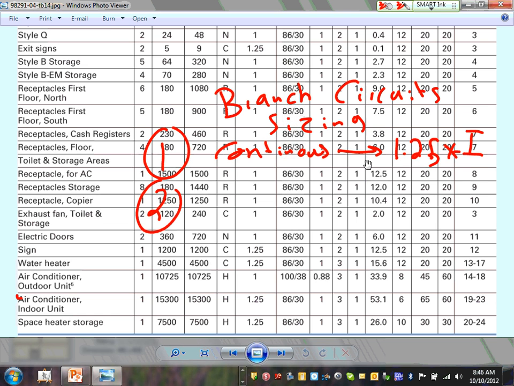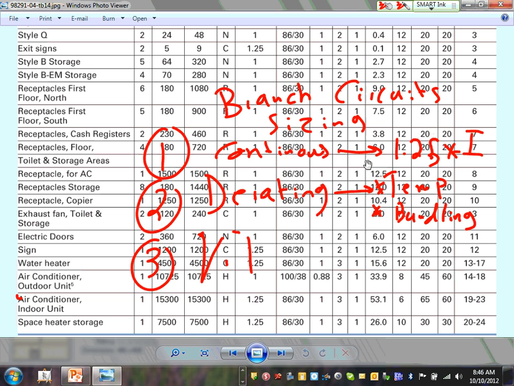Number 2, derating, and that could be for temperature or for bundling. And number 3, which we haven't done, is voltage drop. This is how we size a conductor in a commercial building, based on 3 things.